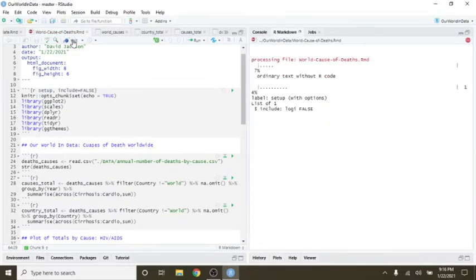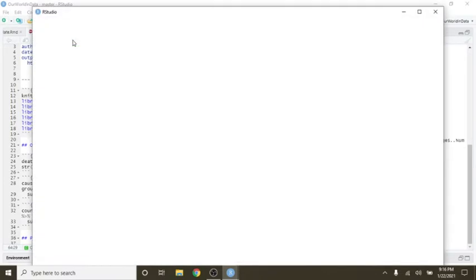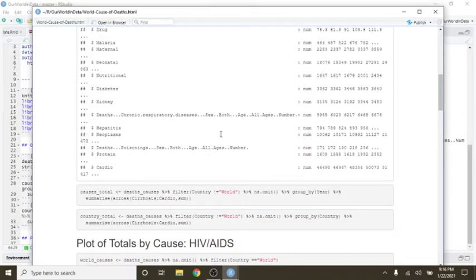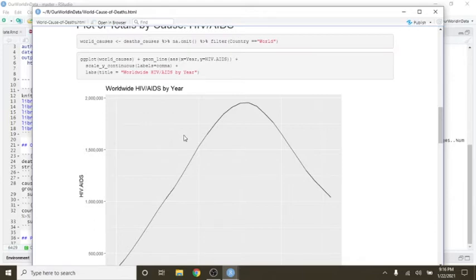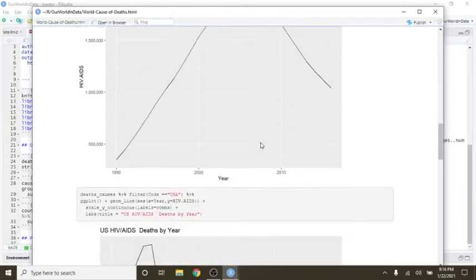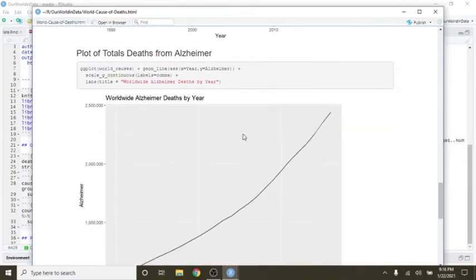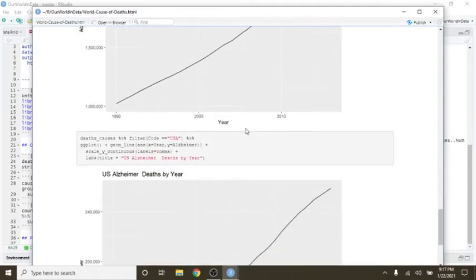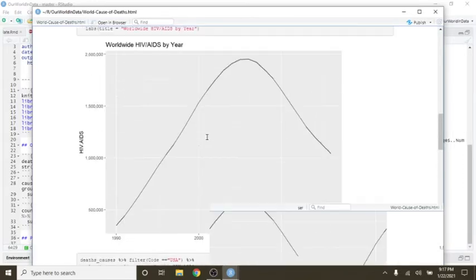Let's run this from the top. HIV AIDS, US HIV deaths, worldwide Alzheimer's deaths climbing dramatically, US, unfortunately. So that's not a good sign.